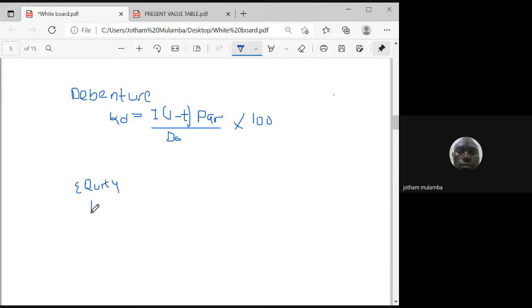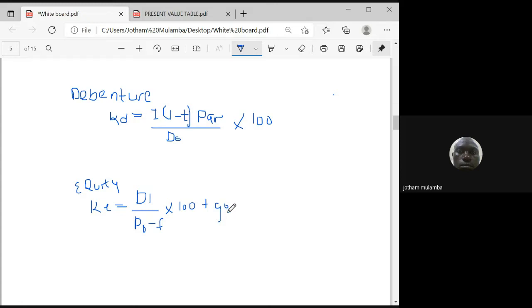We said Ke is equal to D1 over P naught minus F, times 100, plus g percent.